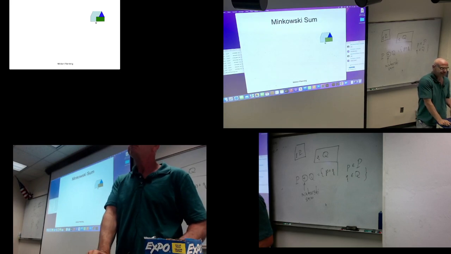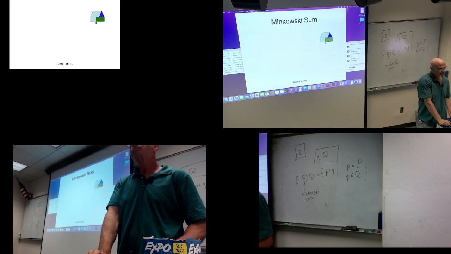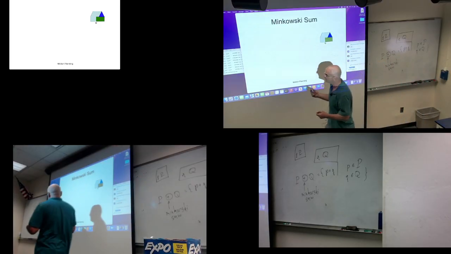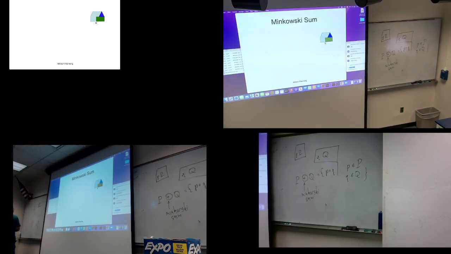Yeah. So the perimeter of the final shape would be the same as the perimeter of the two shapes added together. In this case, it's true, but is that general? Great question. There are Minkowski sums in spiral cubes. Here I don't know. Never thought about it.